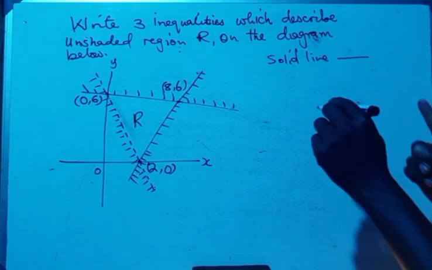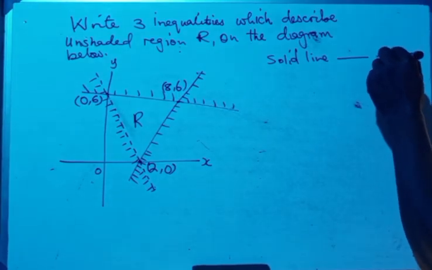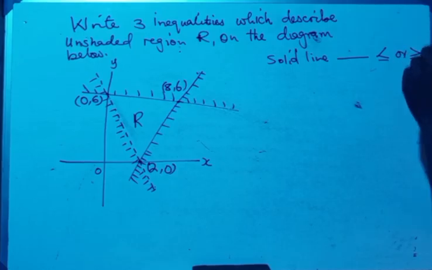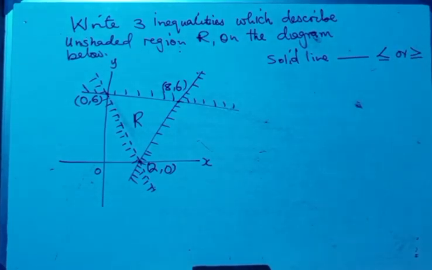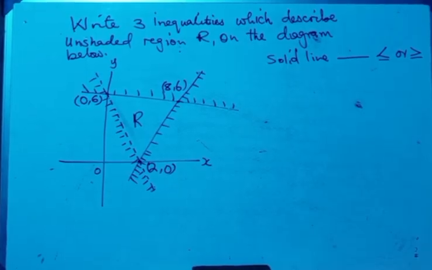This solid line, the symbol we use for that, it may be less than or equal to, or we say greater than or equal to. These are the symbols we use for a solid line.